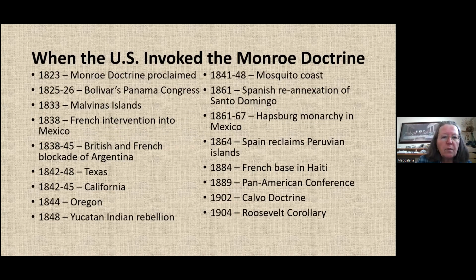As you can see here. Getting Texas, California, Oregon, Haiti. So you have a lot of invocation of the Monroe Doctrine, but as I said, it changed over the years.